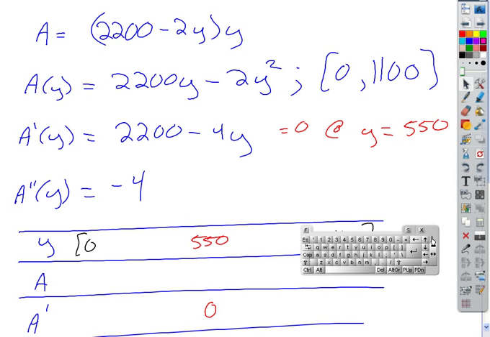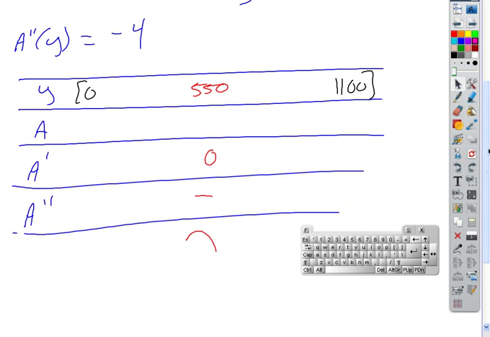We know that this is a maximum because the second derivative was negative there. If it was positive, it would have been a minimum, right? Because of the concavity. If I know that I have a 0 value for the first derivative, a critical number at this value of the independent variable, y in this case, then I know that's a horizontal tangent line.